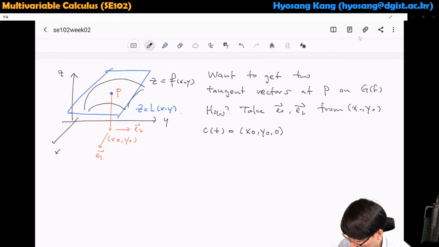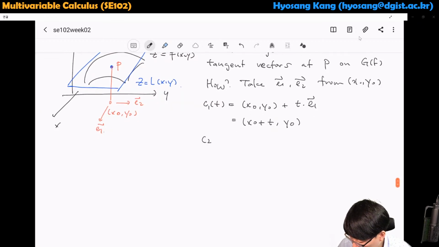Does it make sense? No, actually. Let me just put it this way. So (x0, y0) plus t times, let's say C1, which is E1, so which is (x0 + t, y0). And C2 is similar, so it's (x0, y0 + t).